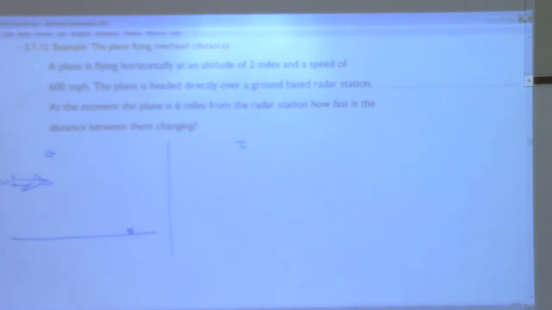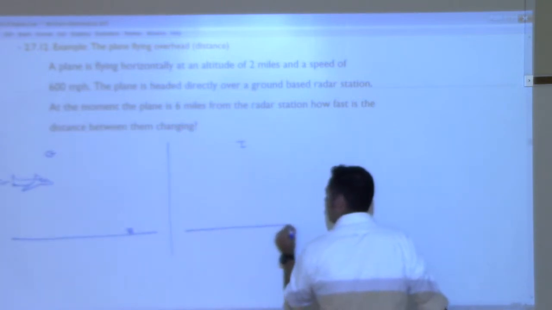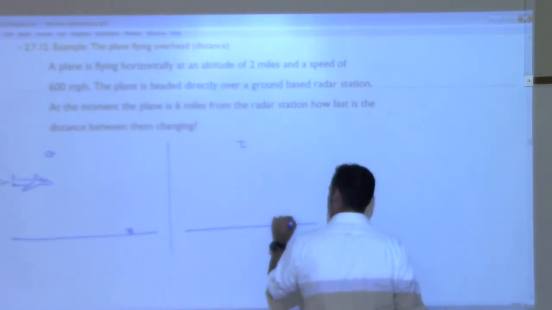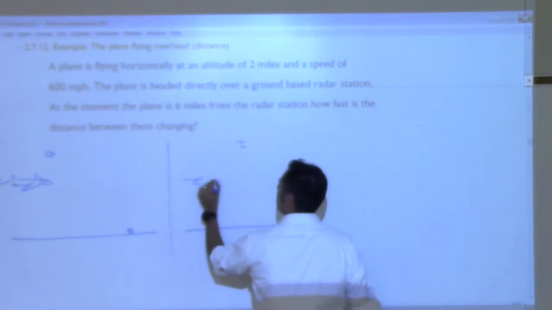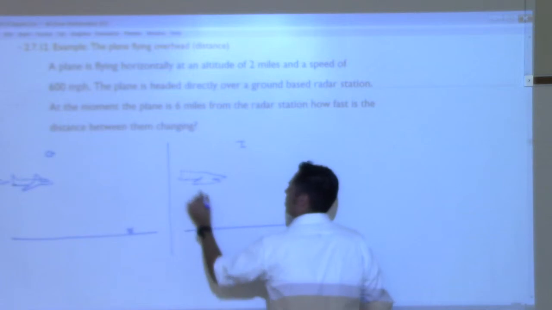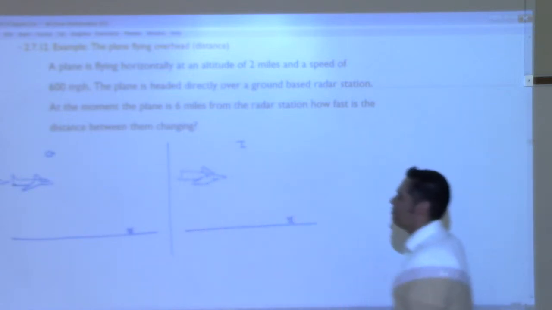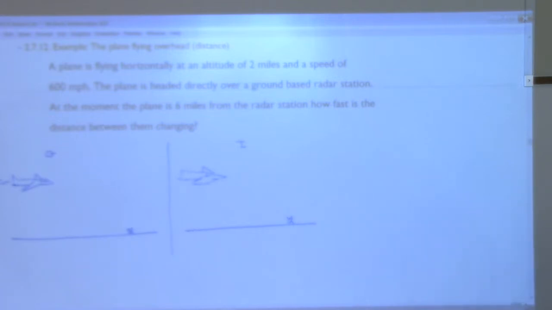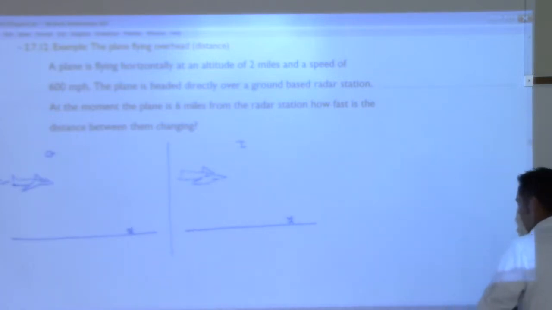Now, for the instant in time, I can draw a little more detail. Oops, the plane has morphed into something else. At the instant in time, what can I actually label?